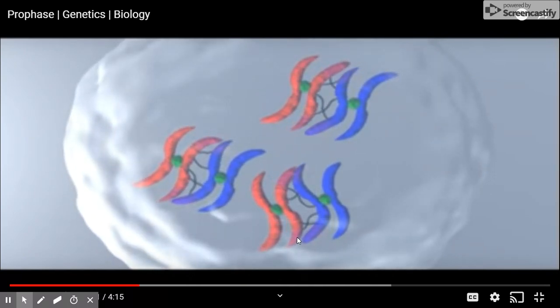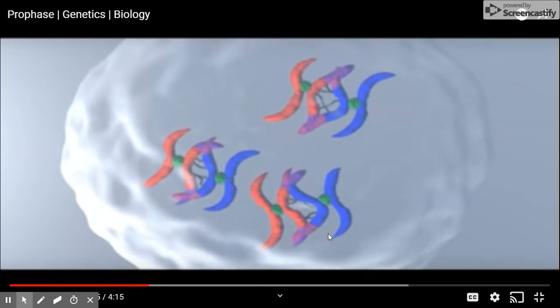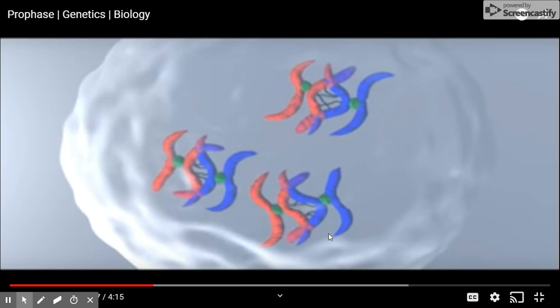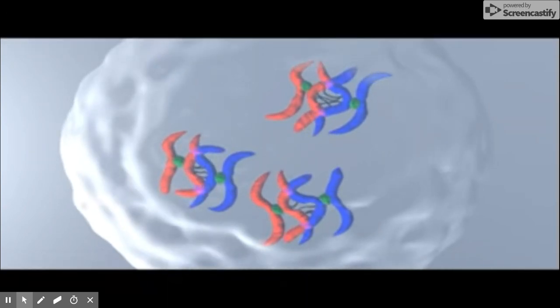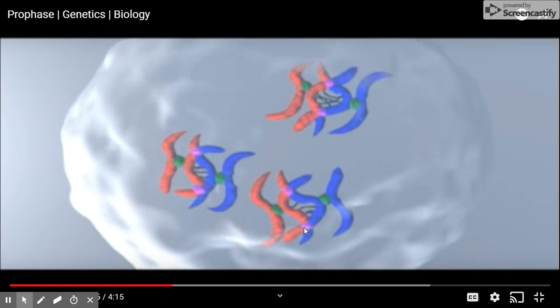Here's where the actual crossing over will occur. You can see they're lining up together. The chiasmata is the point on the chromosome where crossing over actually occurs.